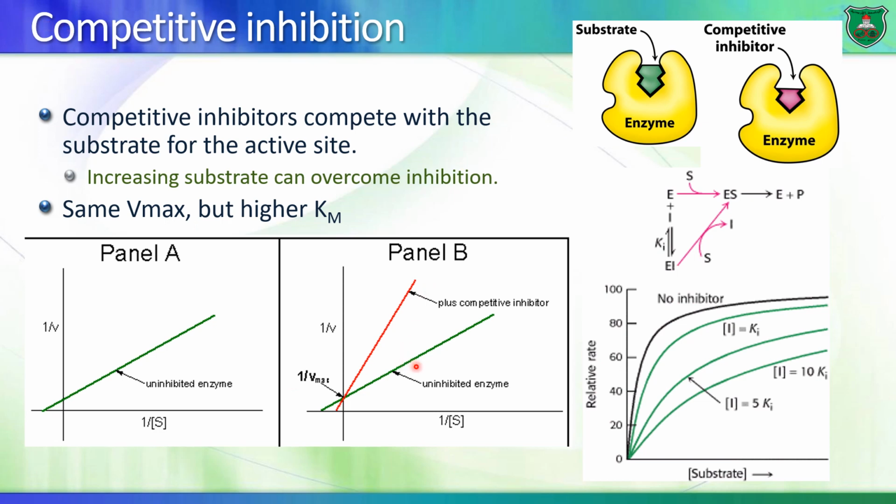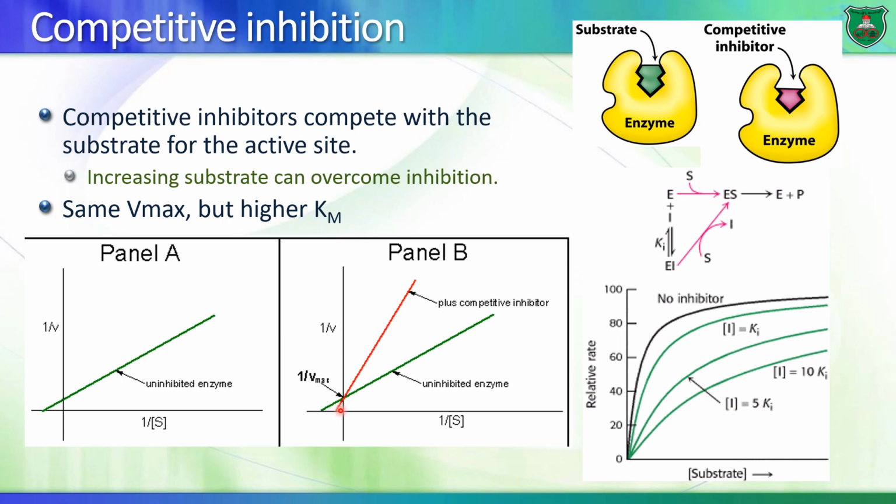So let's say that in the absence of inhibitor, minus 1 over Km is minus 10. And let's say that in the presence of a competitive inhibitor, it is minus 1.